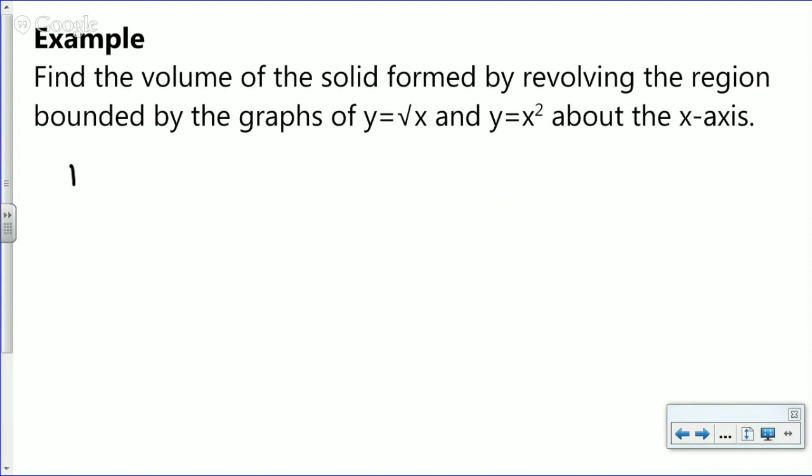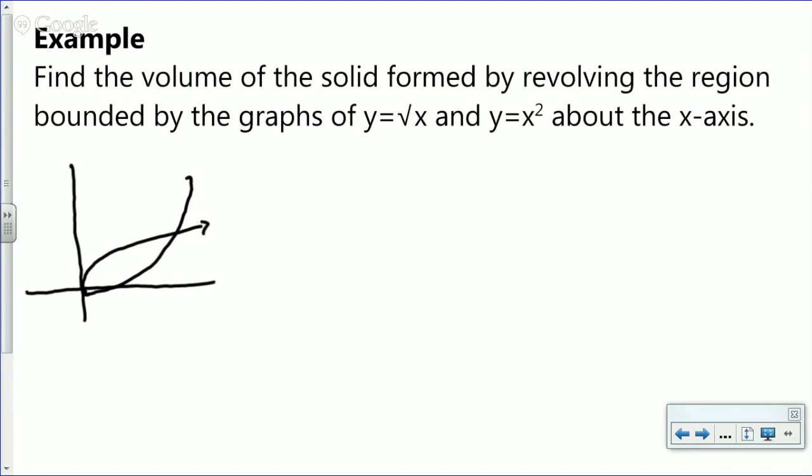Okay, so let me get a good picture going for you. So y equals the square root of x is increasing and concave down. Y equals x squared, I'm just going to draw it in the first quadrant, is increasing and concave up.